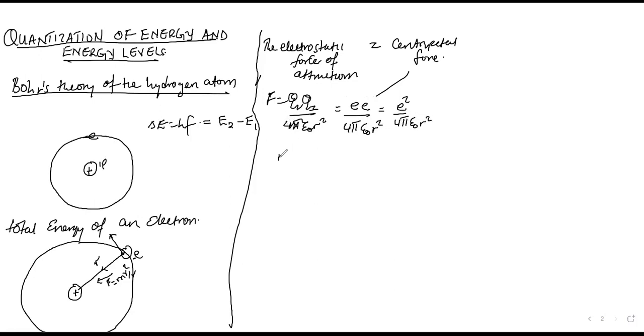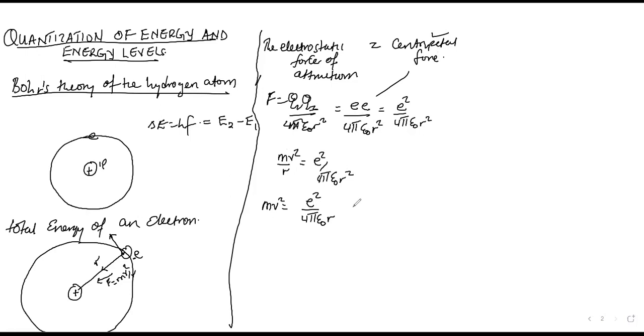So because the centripetal force is mv squared out of r, this is going to be equal to E squared out of 4 pi epsilon r squared. Reason, we have said the electrostatic force of attraction between the nucleus and the electron provides the centripetal force. When I make mv squared the subject, I'll have E squared out of 4 pi epsilon r.